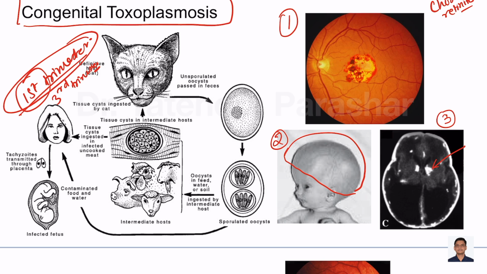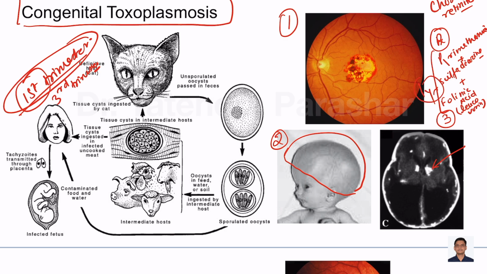Treatment for congenital toxoplasmosis should be started immediately, and it consists of pyrimethamine plus sulfadiazine combination along with folinic acid, also known as leucovorin, and this treatment should be given for at least 1 year.